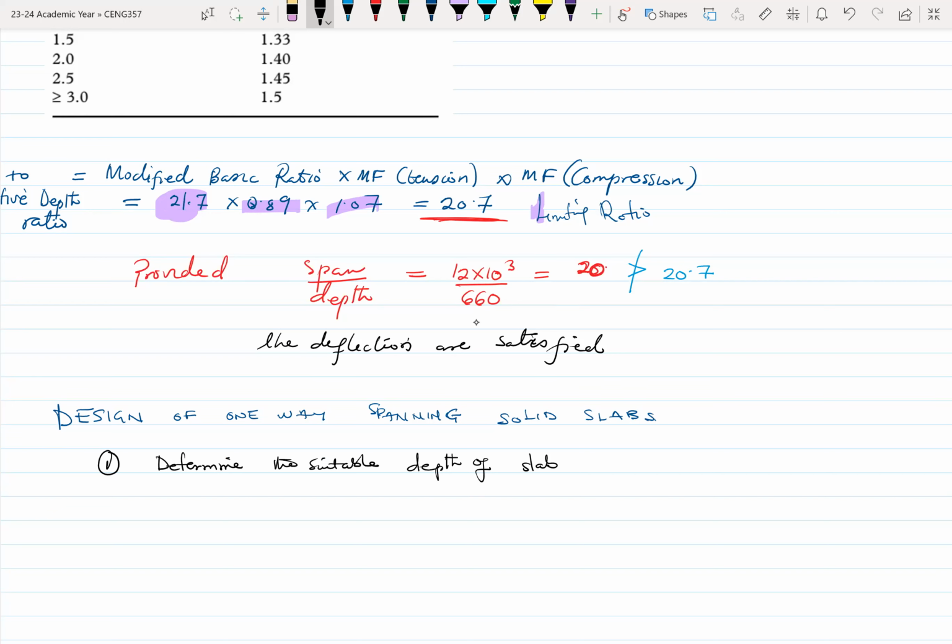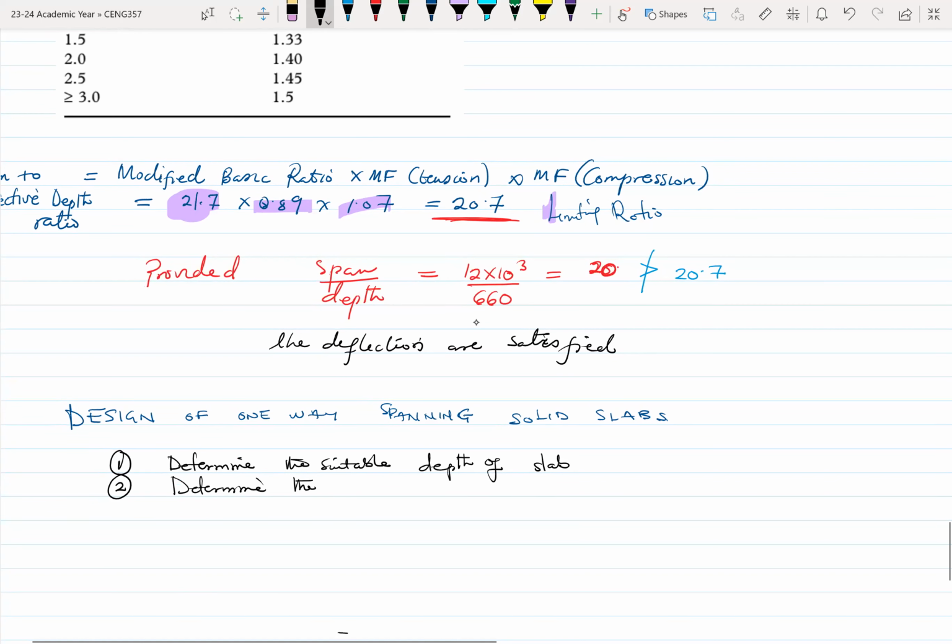Then two, we determine the reinforcement. Here there are two reinforcements, the main reinforcement and secondary. I will explain them going forward.